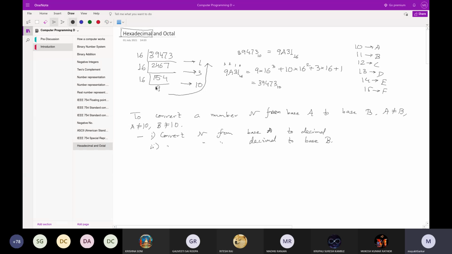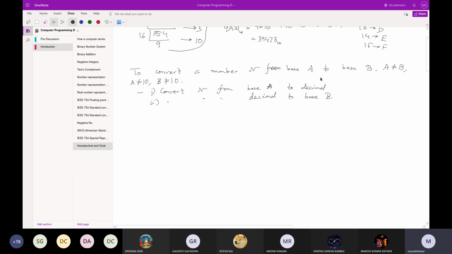But we do not know how to divide in other bases, because arithmetic operations are so common for the human brain in base 10, and in any other base we cannot do that naturally. That's why to convert from base A to base B we have to go via base 10, but that's not always the case.